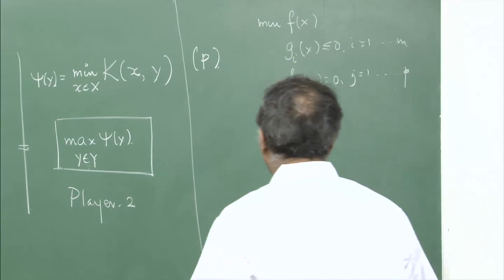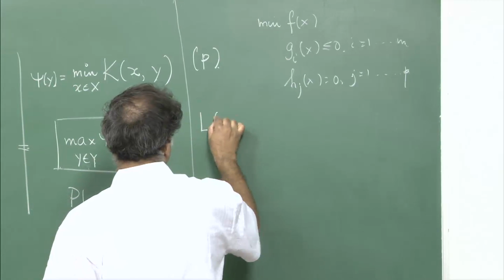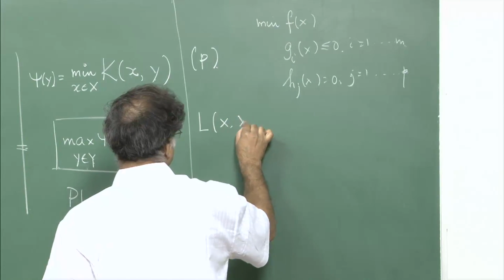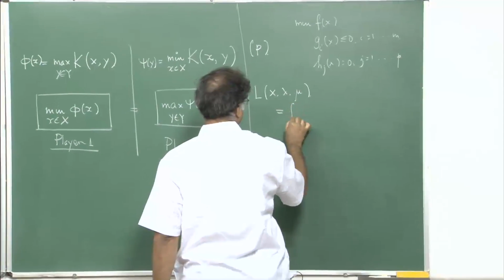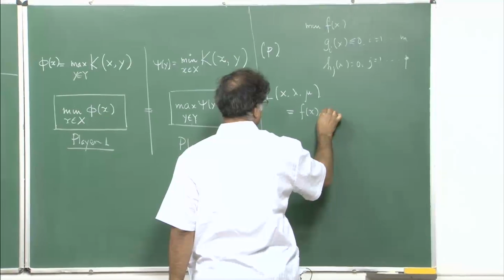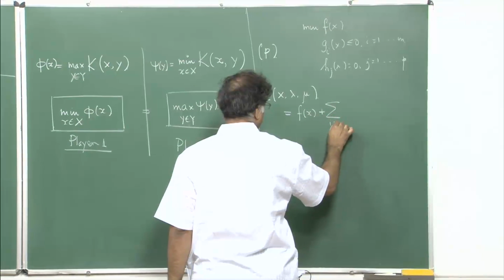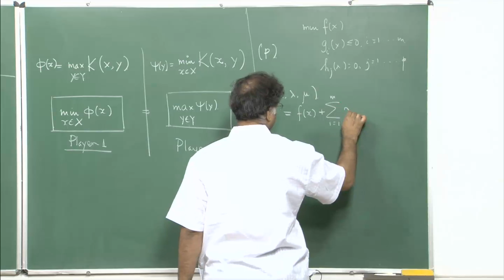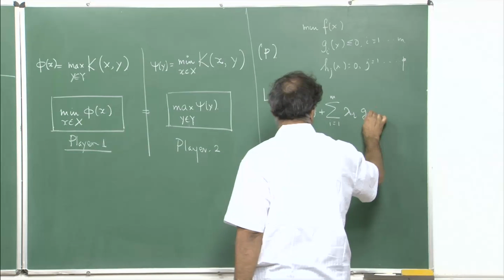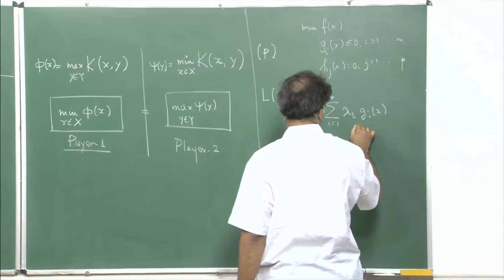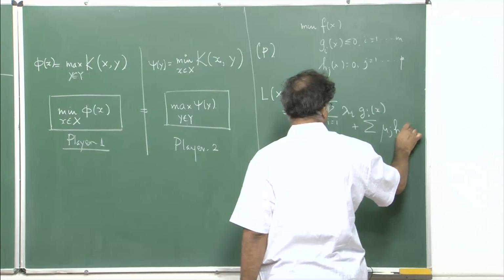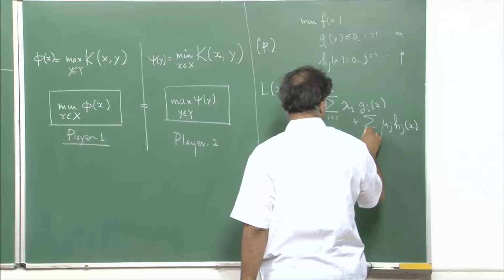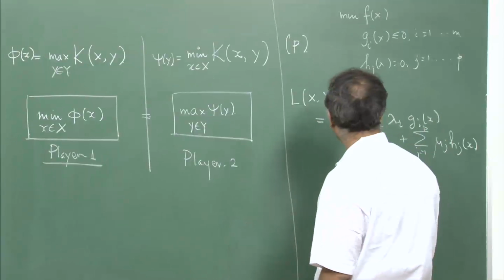Here the analog is the Lagrangian function, which is written as f(x) plus the sum of lambda_i g_i(x) plus the sum of mu_j h_j(x).